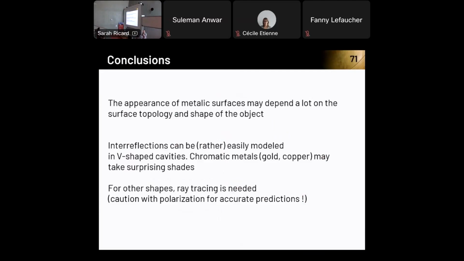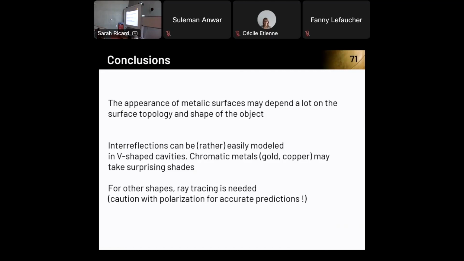They come to the conclusions by saying that, well, we have understood that metals have a specific appearance due to their optical properties. And when we want to assess the appearance of the metal, the structure, the shape is extremely important to consider, because most of the time when we consider a material, we assess it with a flat sample.